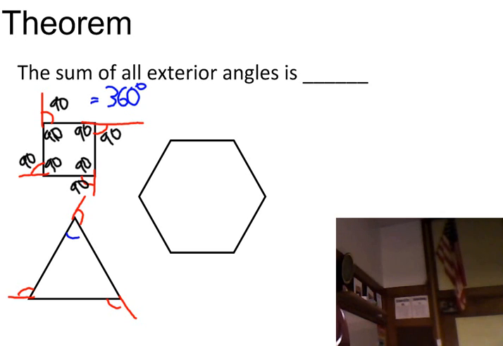Let's look at the triangle. Let's pretend, or let's state here that this is an equilateral triangle, equiangular triangle as well. So if that's an equiangular triangle, we know that all 3 angles are 60 degrees each. So if this is 60, and 60, and 60, that means this exterior angle has to be the supplement because I've made a straight line.